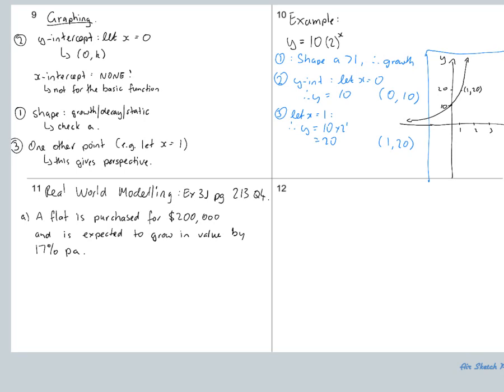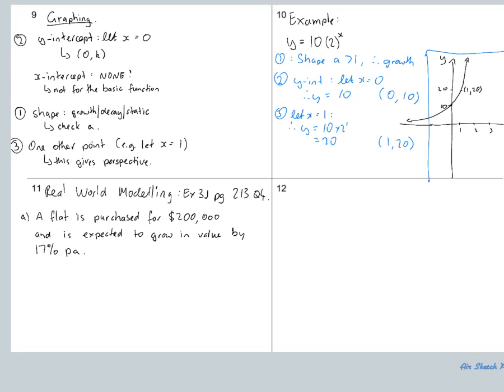If you don't have your textbook open, you're just going to be a little bit behind, but it's on the board anyway. This is just an example of a real world modeling problem. It's not a terribly hard one. It's just there to understand what we have to do. Question 4A says, a flat is purchased for $200,000 and is expected to grow in value by 17% per annum.